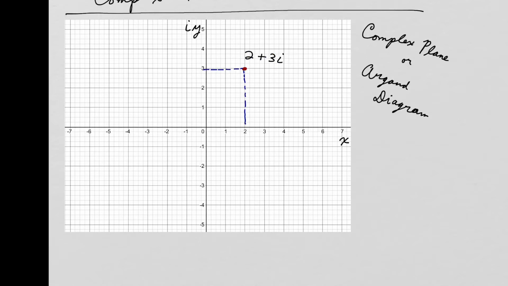Because the real part of the complex number is plotted on the x-axis, so that's over 2, positive 2. And then the imaginary part is plotted on the y-axis, so the 3 is plotted on the y-axis, or really the iy axis in this case. So in general, let's say this is my point. This would be the a.